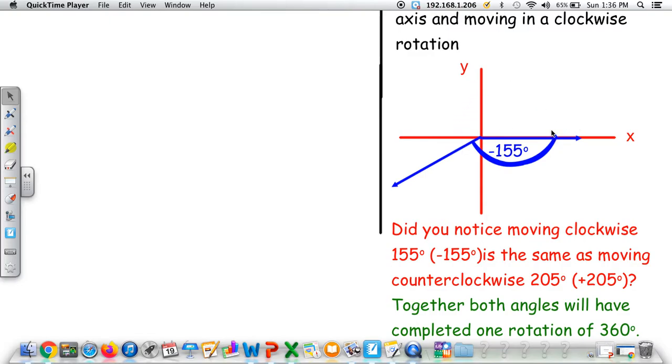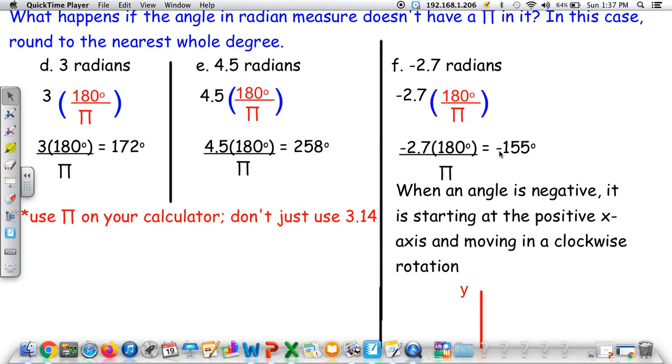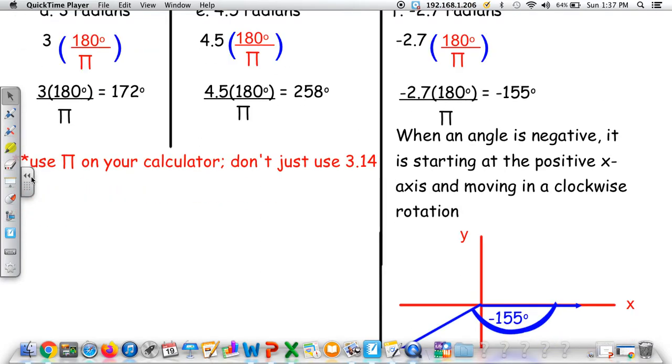Because by me moving this way and then moving this way, even though they're in opposite directions, I really form an entire circle. So that 155 degrees going backwards, negative, is the same as a positive 205. We'll get into that later, but this is the first instance of what are called coterminal angles. All right, so let's see what's going to happen with the next slide.